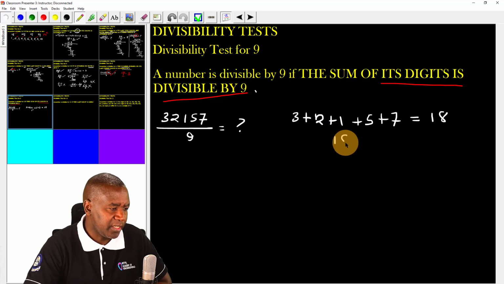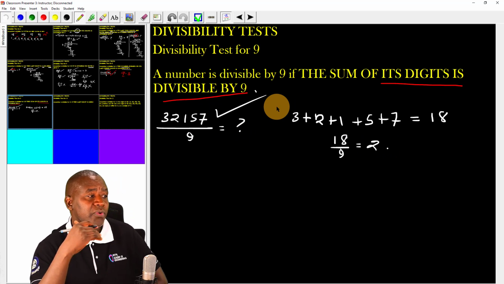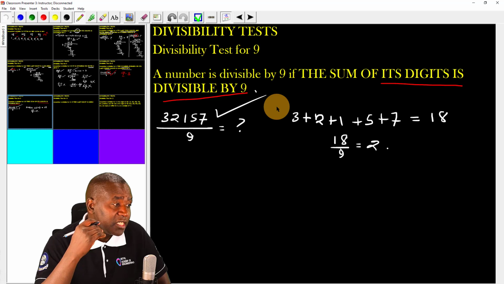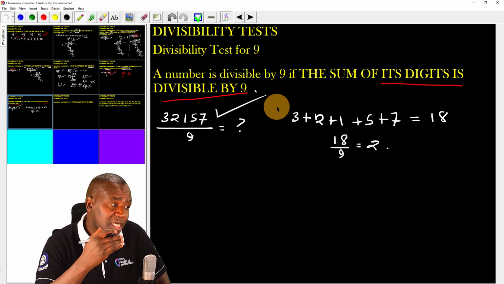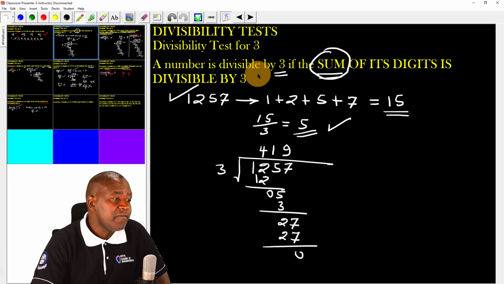Is 18 divisible by 9? Of course it is. So this number must be divisible by 9. It's just like the test for 3. The divisibility test for 3 states that a number is divisible by 3 if the sum of its digits is divisible by 3.